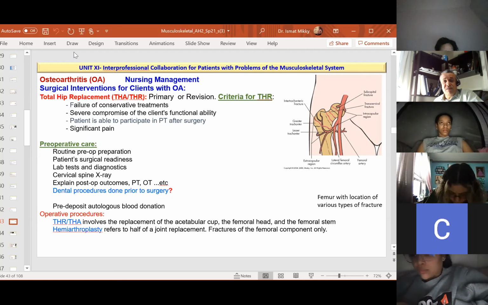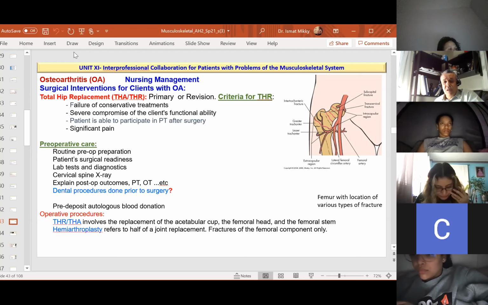Because if the patient has severe rheumatoid arthritis, that is one of the indications not to use general anesthesia, because general anesthesia means that you have to intubate the patient, and the patient will be under general anesthesia like halothane or nitrous oxide. So the X-ray is to rule out rheumatoid arthritis if GA will be used, otherwise they'll use spinal, epidural, and other types of anesthesia.